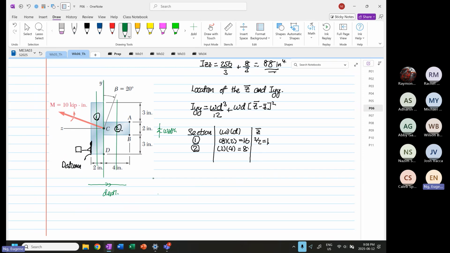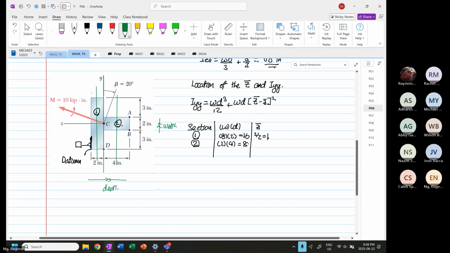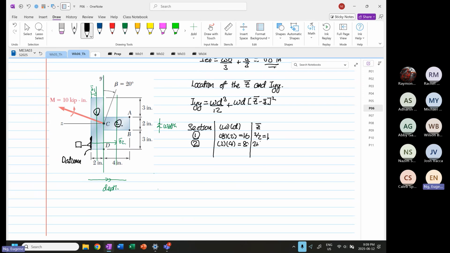So this is our datum, this is our z bar 1, and over here that is our z bar 2. So this will be 2 plus 4 divided by 2, which is equal to 4.